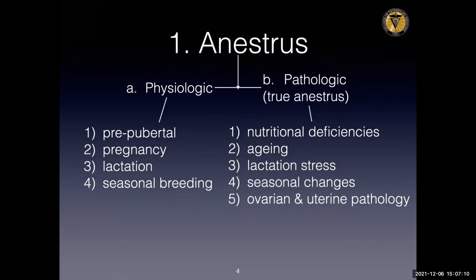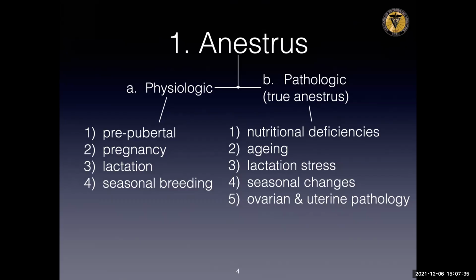Then we have our fourth factor, which is seasonal breeding, and we see this with our sheep and our horses. There are certain months in a year that they do not go into estrus, and this is affected by the length of the daylight. Now we go to the other side, which is the true anestrus, because there's really a problem.